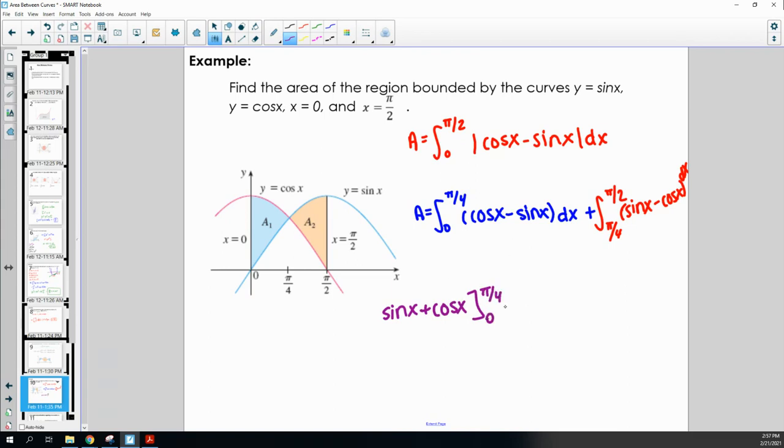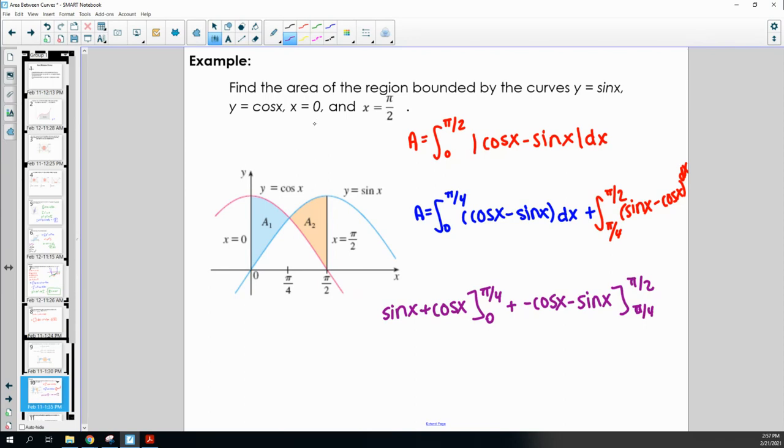And then we're going to add that to the antiderivative of sine x, which is going to be negative cosine x. And then the antiderivative of cosine x is going to be sine x, but it's minus there, so minus sine x. And then we're evaluating that from pi over 4 to pi over 2.